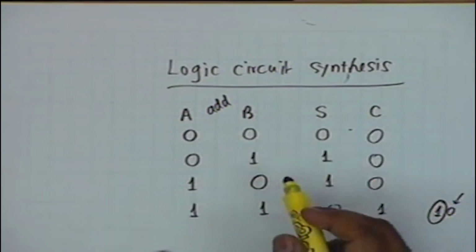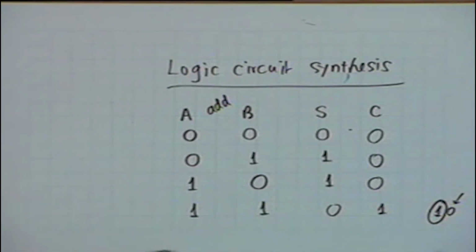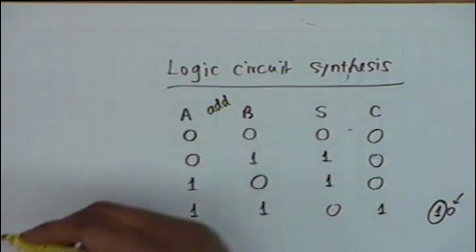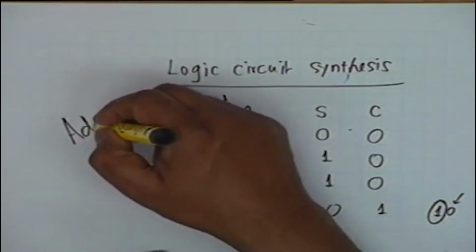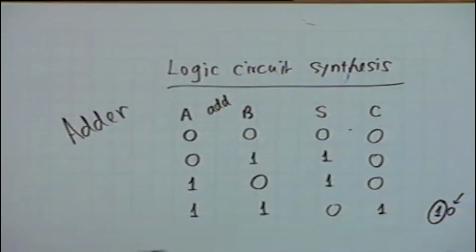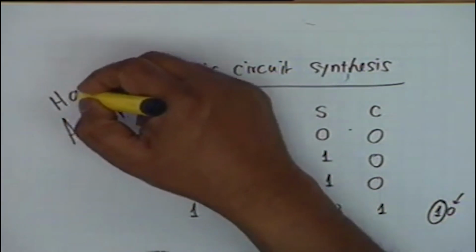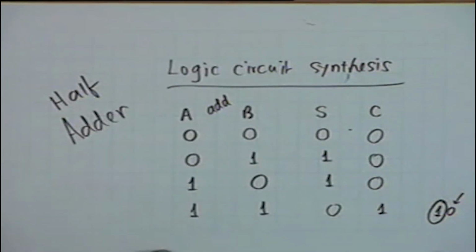We want to make a digital circuit for this purpose, and for obvious reasons such a digital circuit is called an adder. It is also given the adjective half adder, because it does not consider the carry of the previous bit addition.